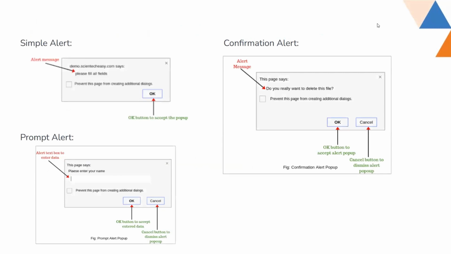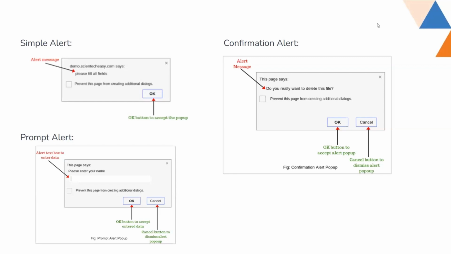The simple alert displays a message and a single button, usually labeled OK. The prompt alert displays the message along with two buttons labeled OK and Cancel. Similarly, the confirmation alert displays the message and two buttons labeled Yes or No.